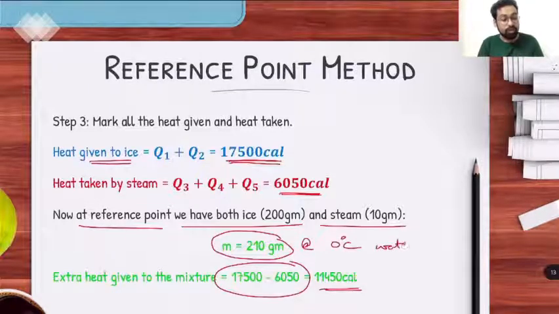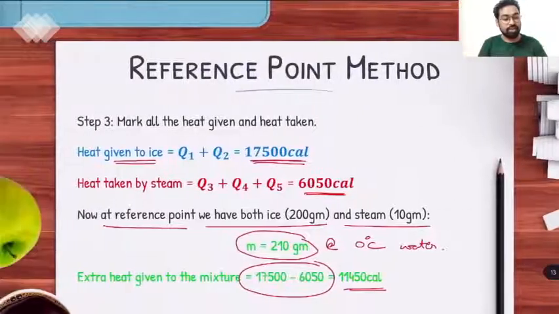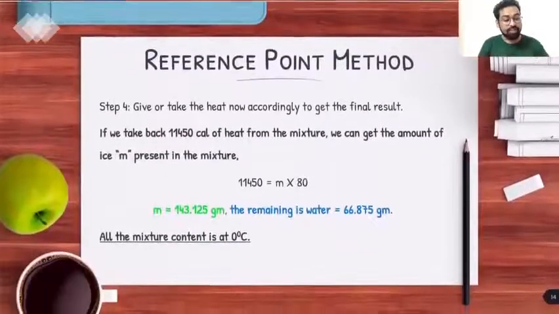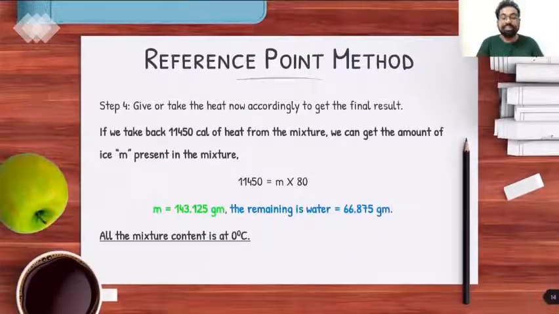So if this heat we gave in extra to this mixture, that is 210 gram of water at 0 degrees Celsius, what we need to do is take this heat out. If we take this heat out, we can get the amount of ice and we can also get the amount of water that is remaining, right? So step 4 was to give or take the heat accordingly to get to the final result.